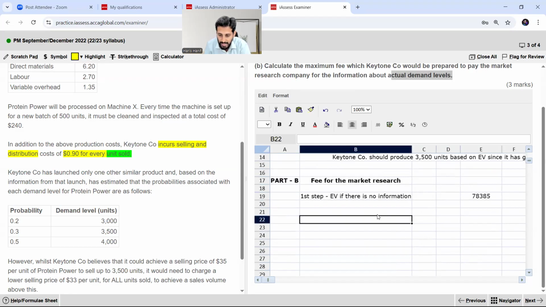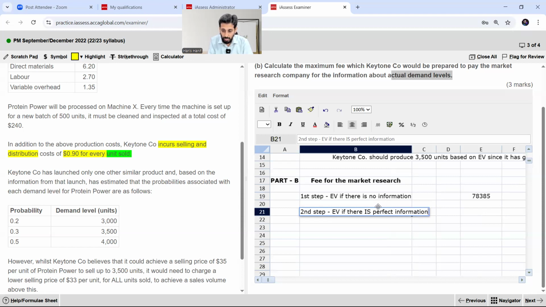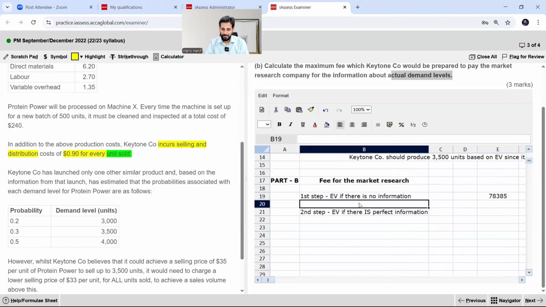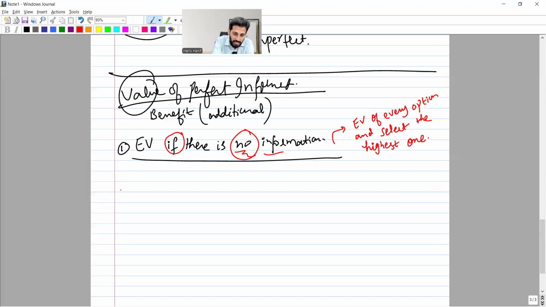Now the second step is EV if there is perfect information. This seems to be a confusing statement, so again I will simplify it. What does it mean, EV if there is perfect information? First listen to me very carefully.